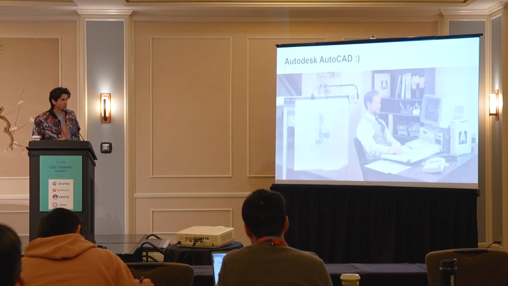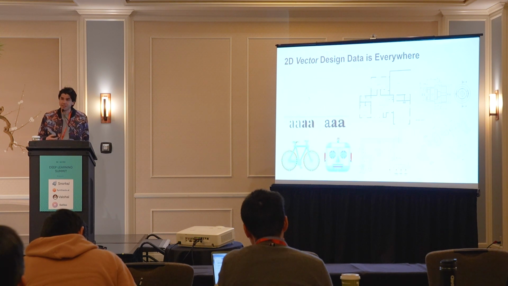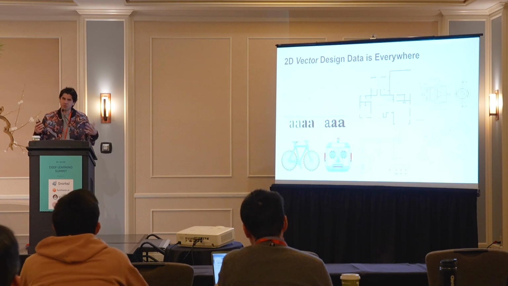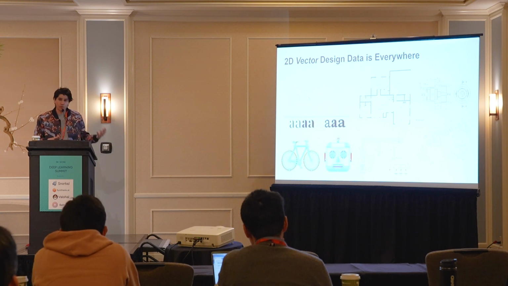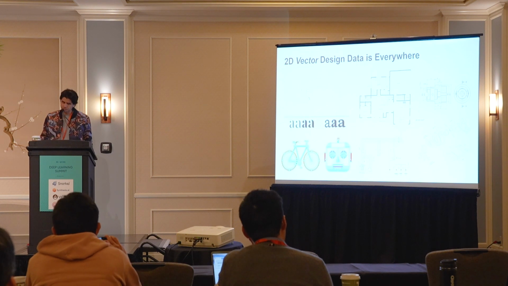But a lot of the stuff that we deal with, looking back some time ago, is creating vector representations, things like floor plans, right? This is what it used to look like, designing a floor plan, and it just happens that the data that people still work with when they represent buildings or mechanical structures, or even fonts or icons, also has this vector representation.